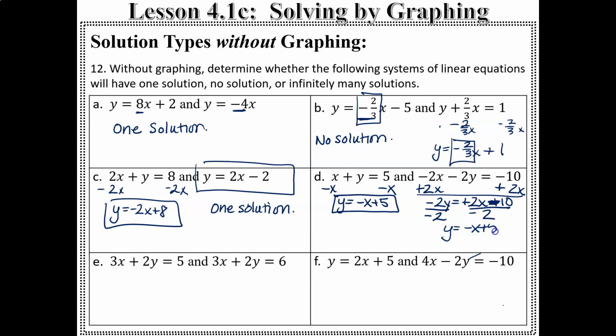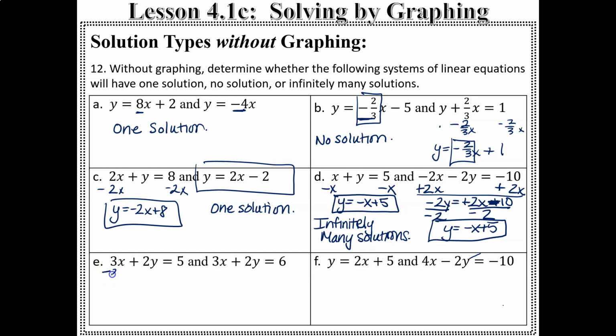So this is plus 5. So I have y equals negative x plus 5 and y equals negative x plus 5, same thing, same equation. So this is infinite solutions. Same slope, same y-intercept. Sorry about that.